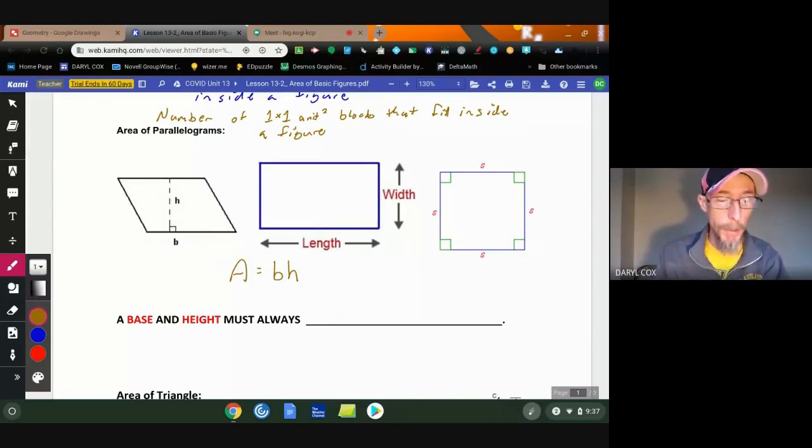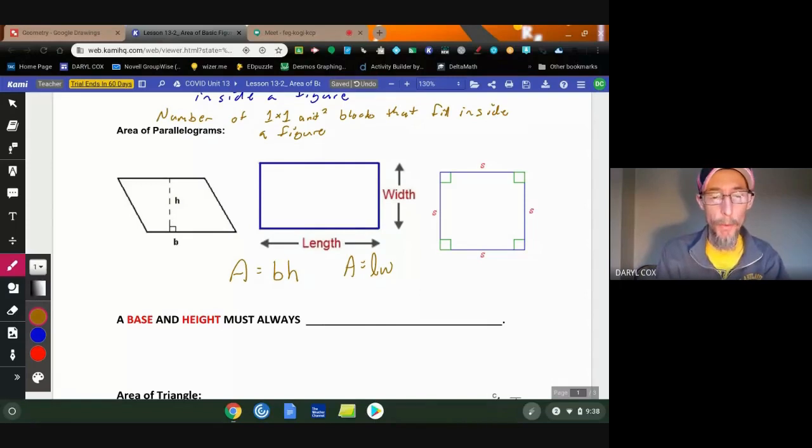Now, some people say, but wait a minute, that's not right, because if I'm looking at a rectangle, it's not base times height, it's length times width. So you may see a formula that looks like area equals length times width. But remember we said that dimensions can have different names? When I name this length, that's the same thing as a base. When I name this width, that's the same thing as a height. So they're the exact same formula, even though they're using different words.